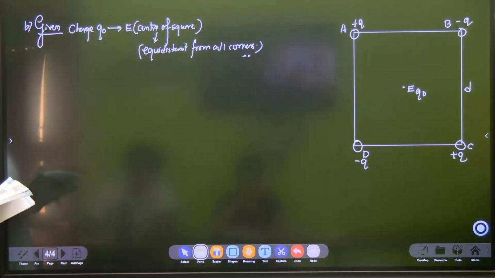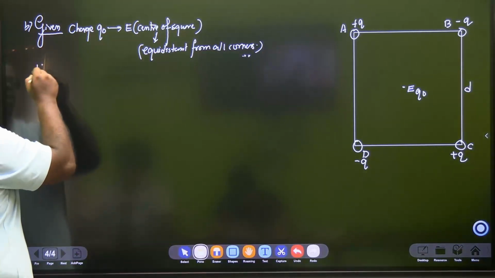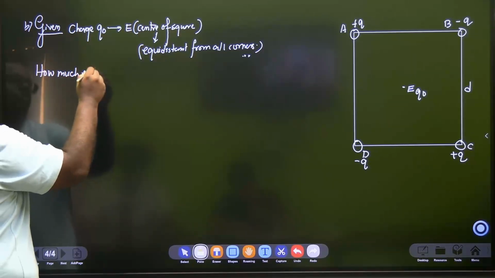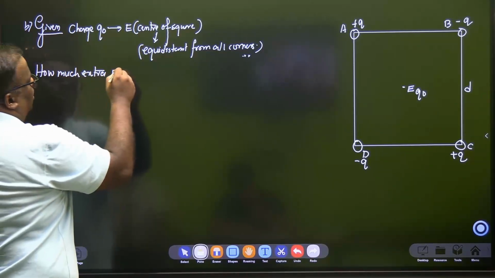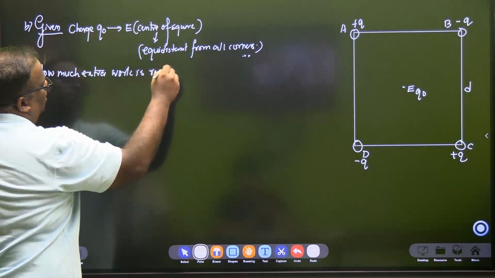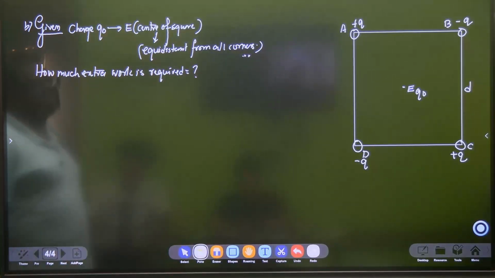The charge is brought to the center. How much extra work is required for this? That is the question, right? So we approach it in the same way.